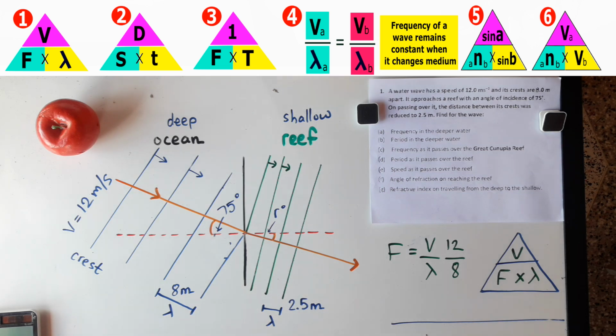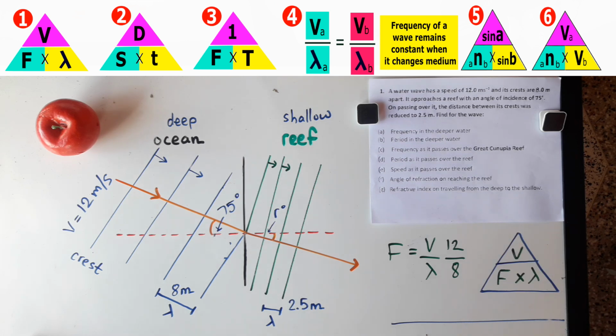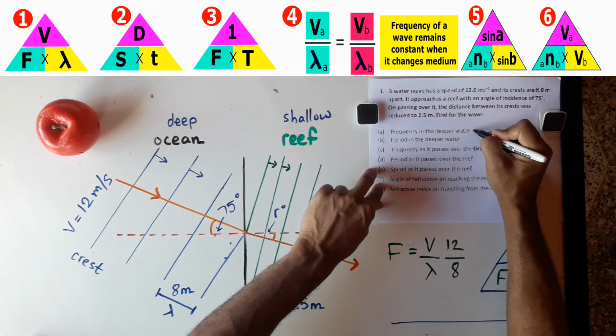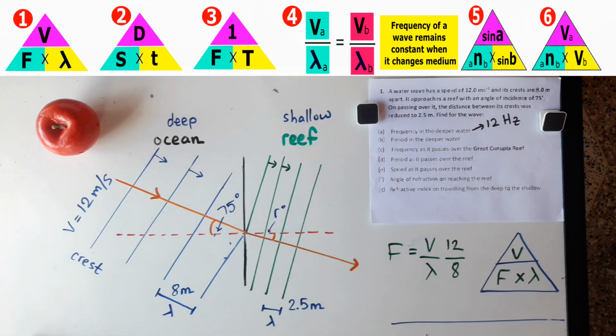So there's no tricks there. 12 divided by 8 is 1.5. So when we divide these two, we get 1.5. So that means the frequency in the deep part is 12 Hertz. I'll just write the answer on the paper here.